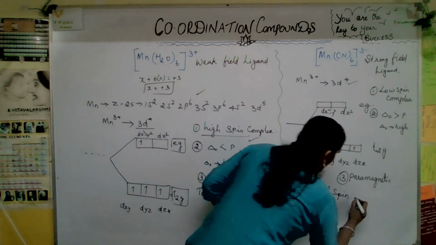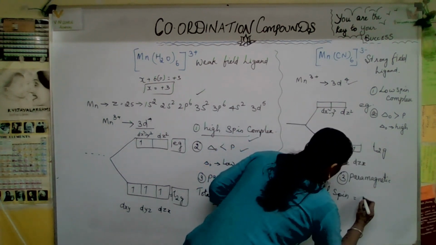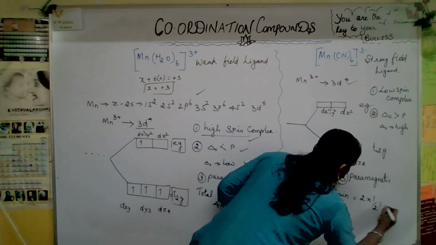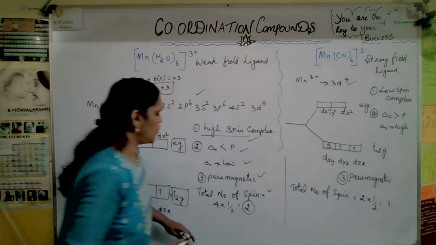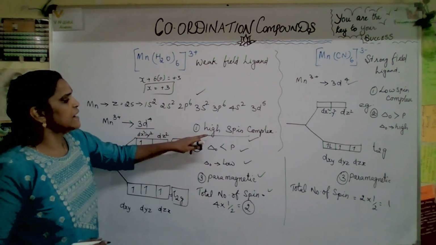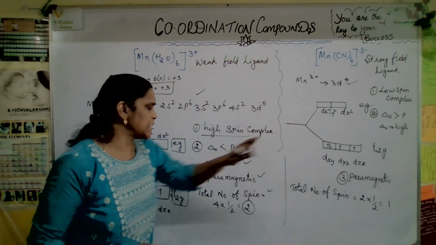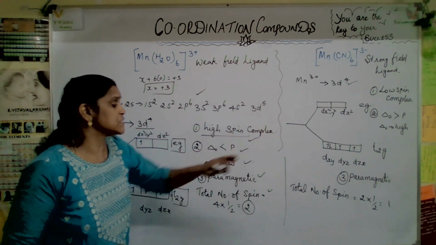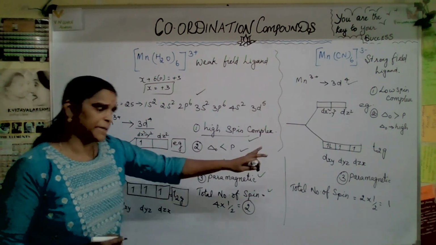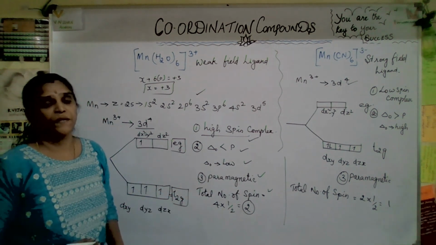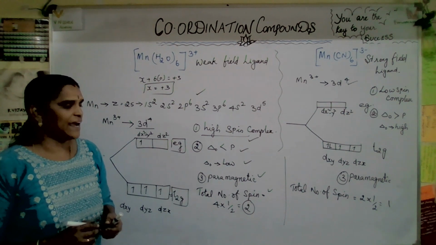So here unpaired electrons 2 into half, that means 1. Hope you're clear with this. So in both: high spin complex, low spin complex; delta naught lesser than P, delta naught greater than P; paramagnetic is common; and the next one, total number of spin. Hope you got an idea.